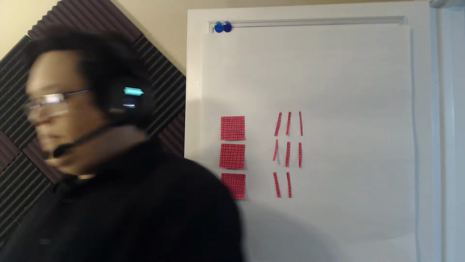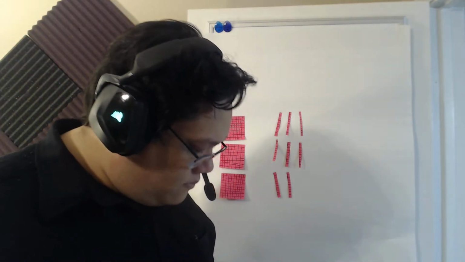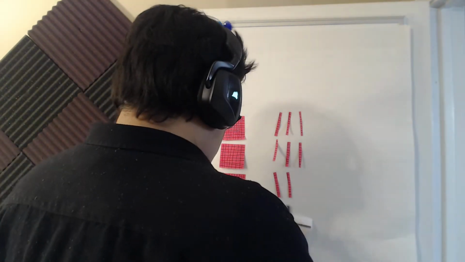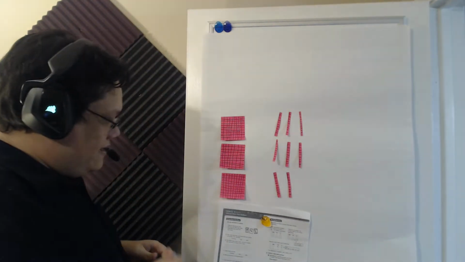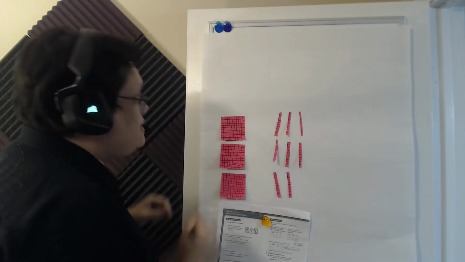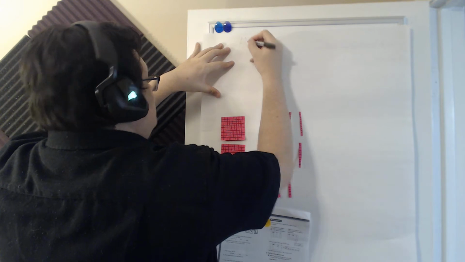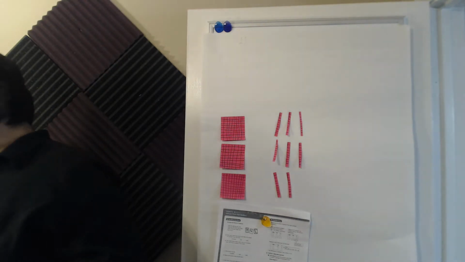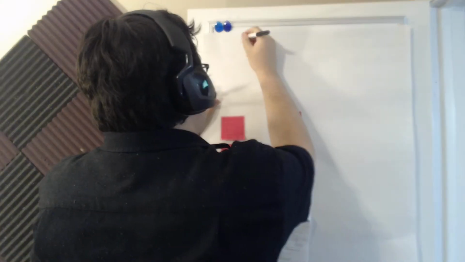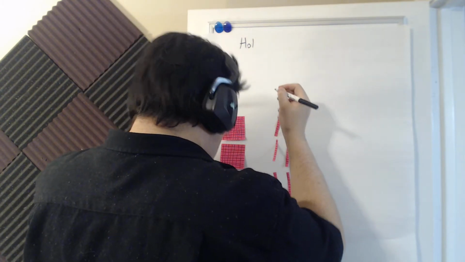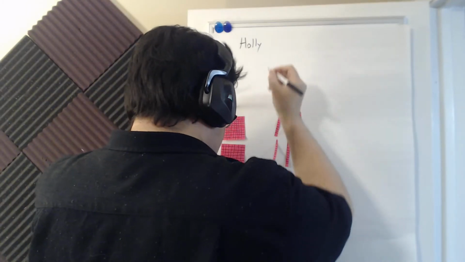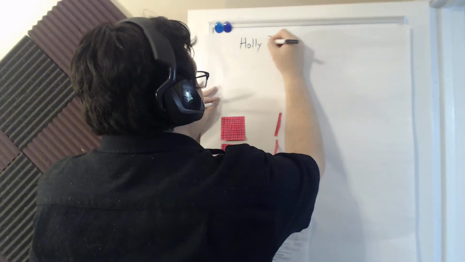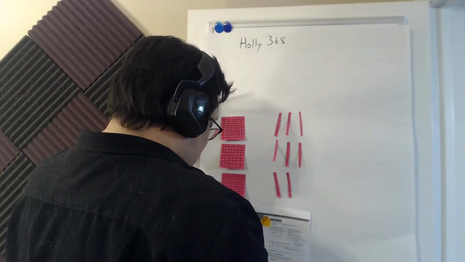Okay. So, we're subtracting 3-digit numbers. The first thing it says is, Holly has 368 pet pal cards.